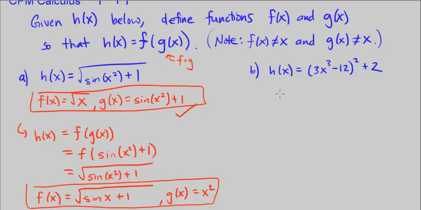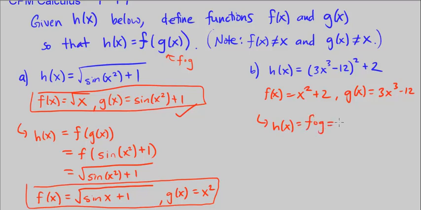If g of x is 3x cubed minus 12, then f of x can be something squared, x squared plus 2. I can check this answer by saying h of x is the composition f of g of x, which is f with the input of 3x cubed minus 12.